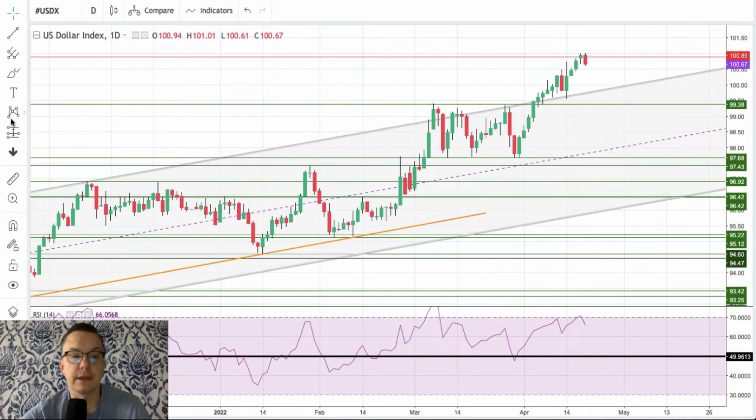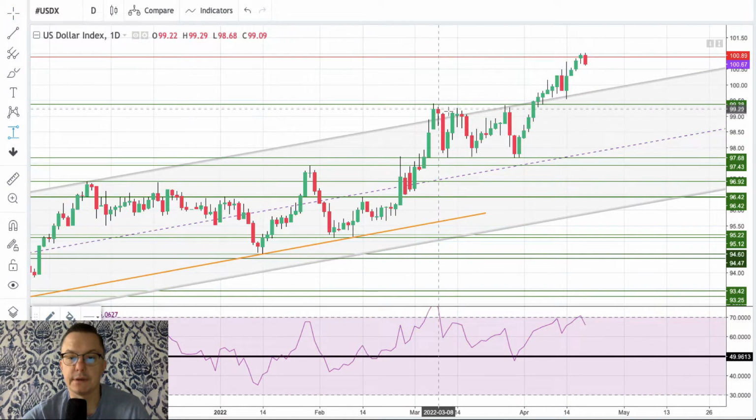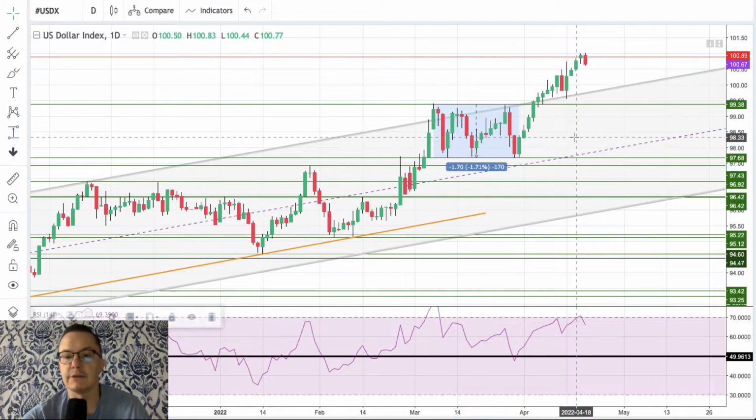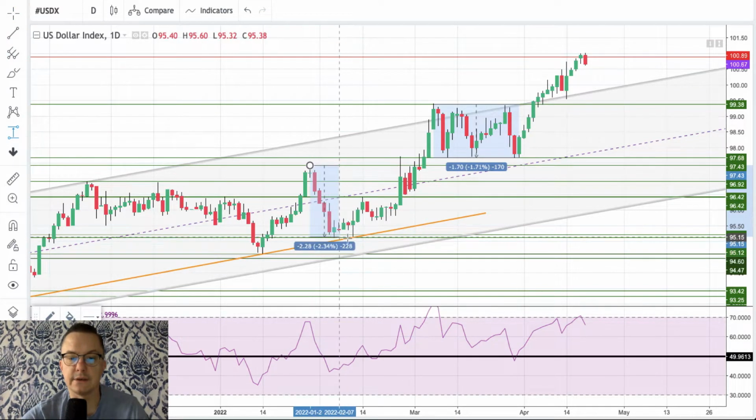A recent pullback on the US dollar, as you can see here, was made in March, and in time and price it took 1.71 percent. This is, as far as I can see, maybe not the biggest, but the longest correction.